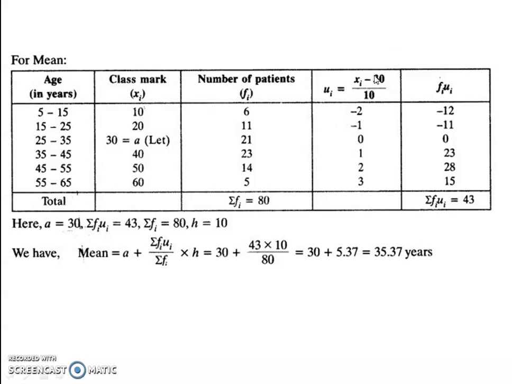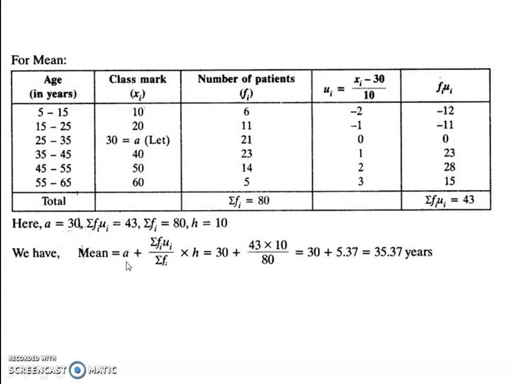Then the fourth step is to multiply fi and ui, apply the addition rule for fiui, add the frequencies given in your question, and then apply these values to the formula for the step deviation method. What is the formula?